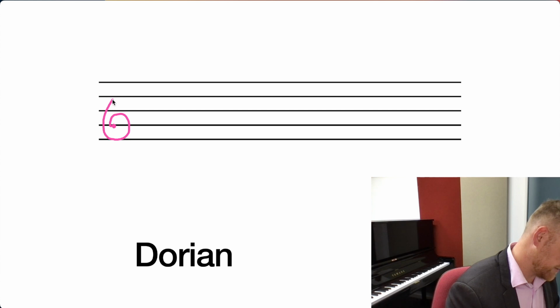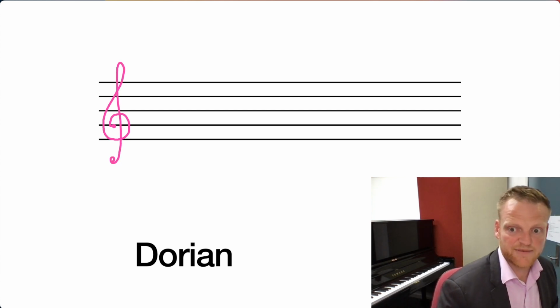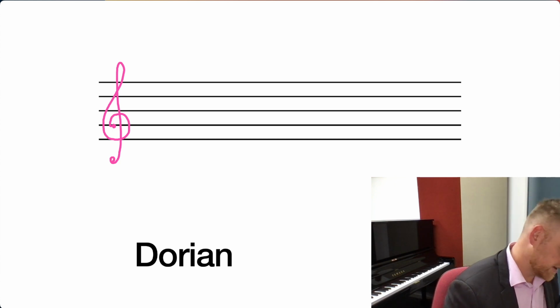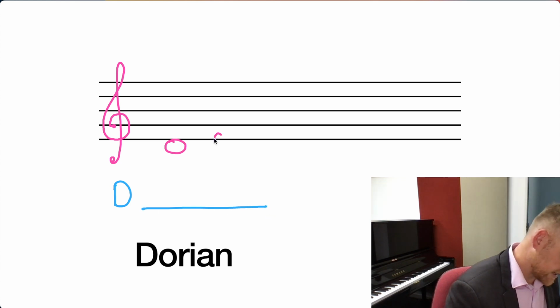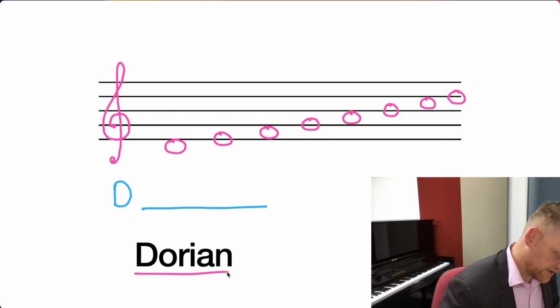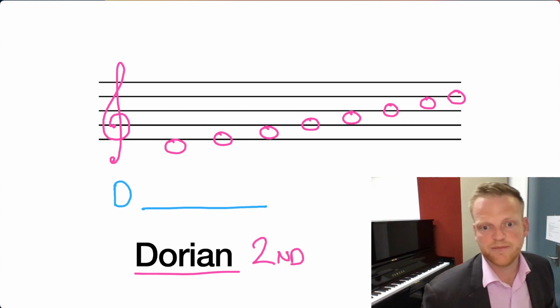The first thing to remember with scales is that they're always named after the note they start on. So if I start on a D, my scale has to be called D something. So if I quickly write out the rest of this scale, like this, Dorian means the second mode of the major scale.